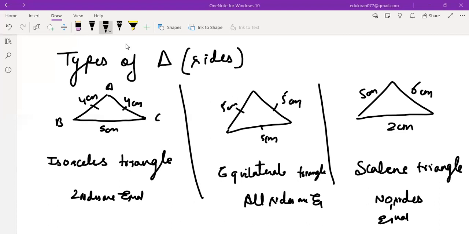Okay, everyone done who has done types of triangles on the basis of sides?